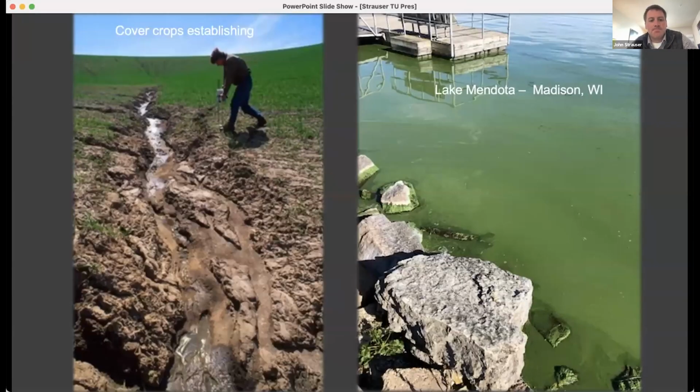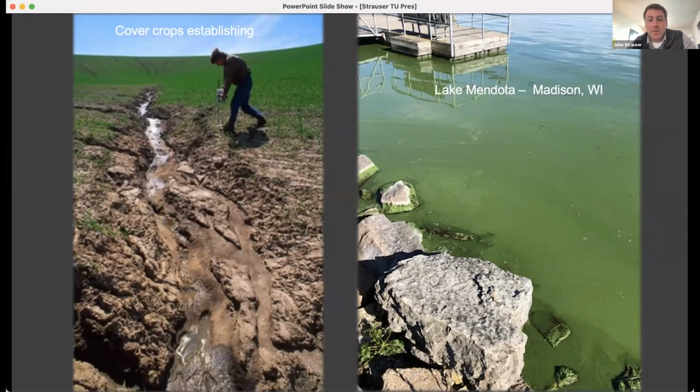Let's start with the ugly first, and work our way to some positives. When we think about water quality, which is important when we think about trout, or really drinking water, unfortunately in Wisconsin and in a lot of our Midwestern states we have a lot to be desired when it comes to our water quality.